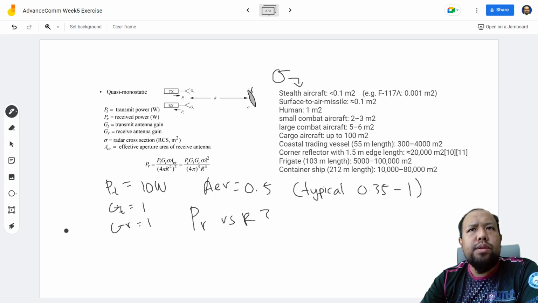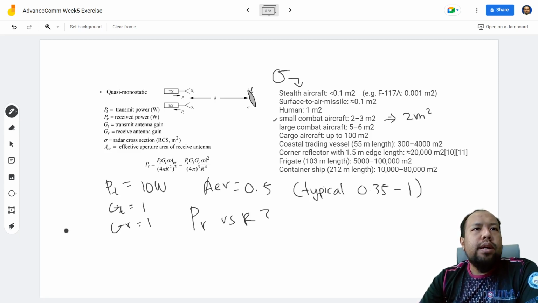So for example, we want to try detecting a small combat aircraft. The sigma of this object is about 2 to 3 meters square. So let's say we take a value of 2 meters square.